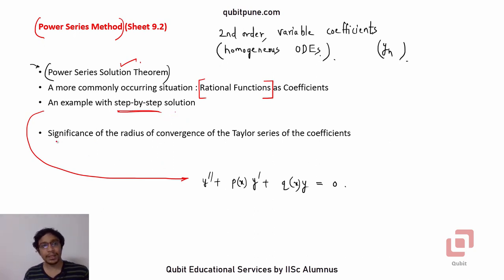Okay, and then we'll talk about the interval of convergence theorem, or what's the significance of R of the Taylor series of the coefficients. Okay, so we are also required to use the Taylor series or the Maclaurin expansions of P of x and Q of x. Okay, so let us start.